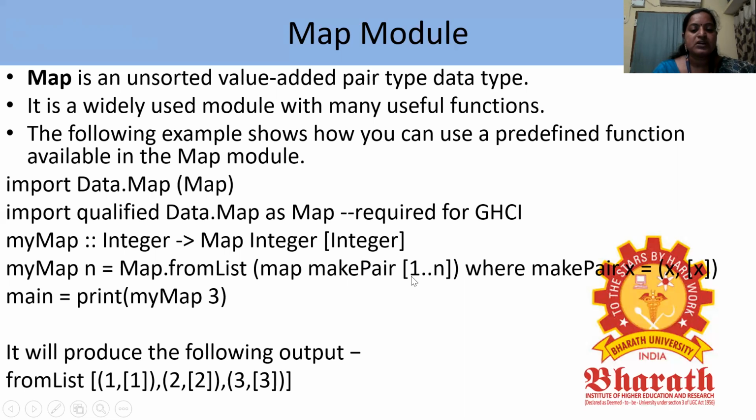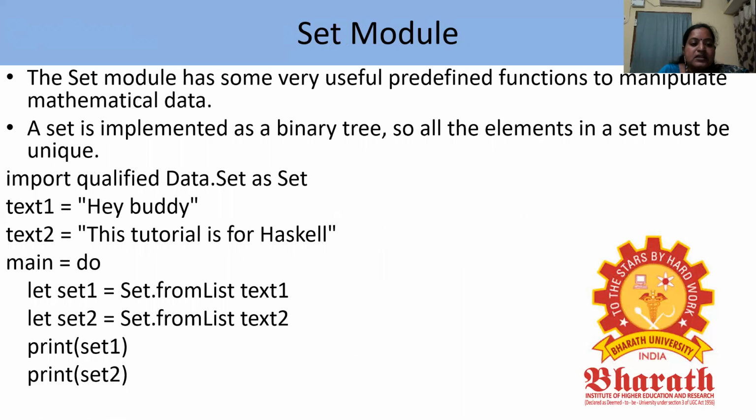How? 1..n means it will take n values. So n we have to define, where makePair x = (x, [x]), within square brackets you have to mention the x. Then main = print (myMap 3). Only 3 values it will take, like that: (1,[1]), (2,[2]), and (3,[3]).